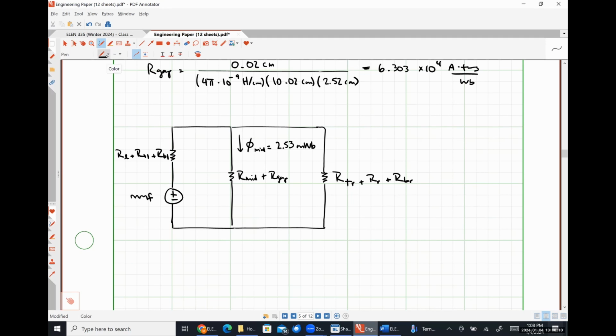And we are trying to find the flux through the left-hand path, so the flux that's being generated by our MMF. Right, so we're using mu naught because there's no core material there. And we don't have to worry about the stacking factor because we're not inside the core.